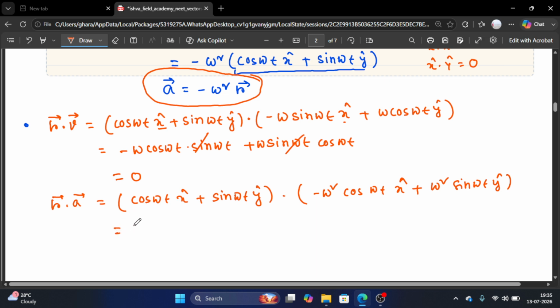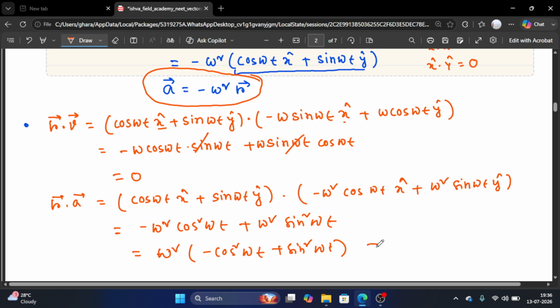If you do the dot product, you get minus omega square cos square omega t plus omega square sin square omega t. Taking minus omega square common, you get minus cos square omega t plus sin square omega t, and that is not equal to 0.